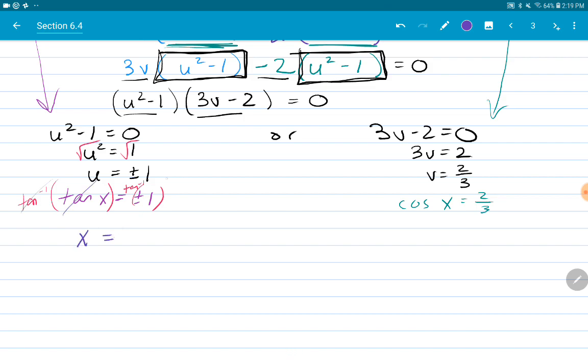And on the right, I have to think, on the unit circle, since I'm between 0 and 2 pi, what values are going to give me a tangent of a positive or a negative 1? I can see that happens at pi over 4, 3 pi over 4, 5 pi over 4, and 7 pi over 4. So there are 4 possible solutions.